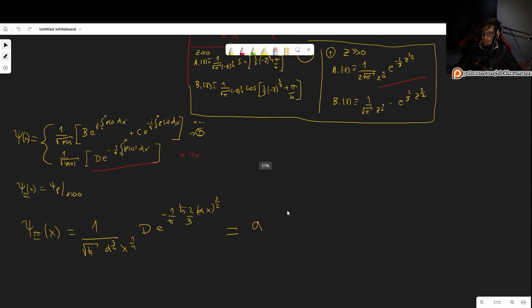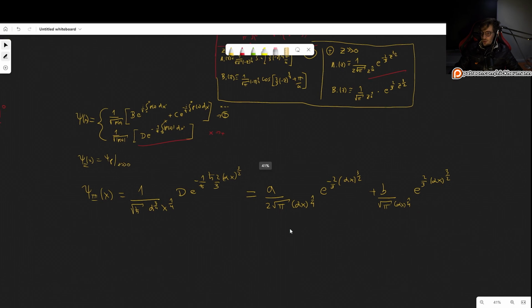So that has to be the same as a times this, so divided by 2 square root of pi, and then z to the 1/4, which is alpha x to the 1/4, e to the minus 2/3 z to the 3/2, which is alpha x to the 3/2. And then we get plus b divided by square root of pi and alpha x to the 1/4, e to the 2/3, and then alpha x to the 3/2.